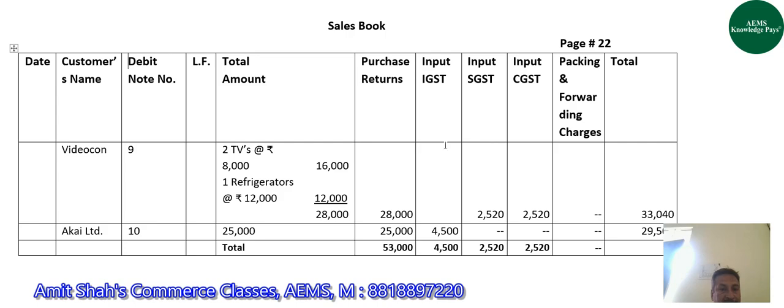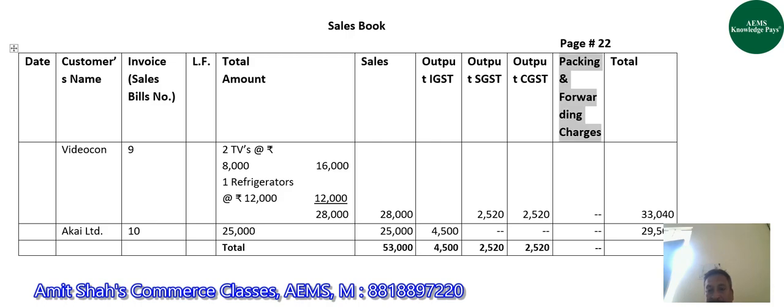Instead of debit note number, we will have invoice number. That is our sales bill number. Total amount, here we will have sales. Here we will have output IGST, then output CGST, and then output SGST. Then for packing and forwarding charges in total. So this is how guys we make sales book.